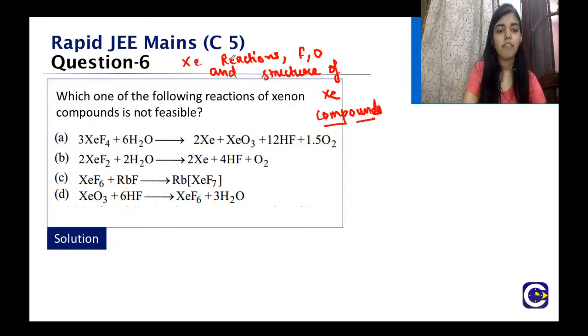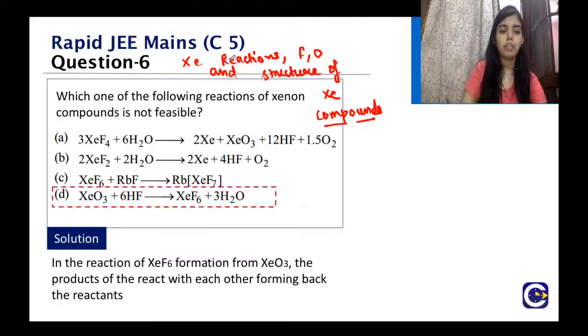Okay, so here if you see the D option, that is XeO3 plus HF giving you XeF6 plus water. What happens here is that XeF6 on reaction with water gives the backward direction reaction, that is it again forms XeO3 plus HF. So this reaction is not feasible because the products themselves react to form XeO3 plus HF.